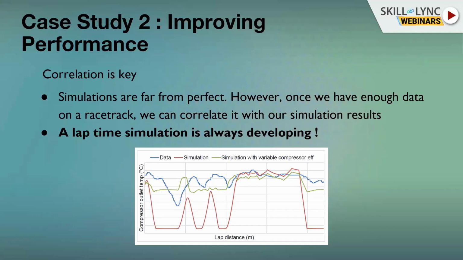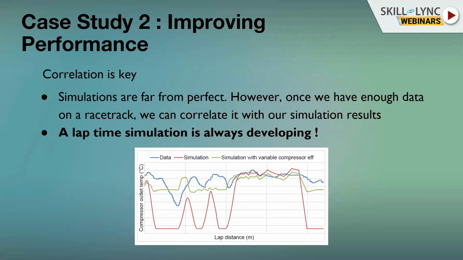So that's why it's important to consider that simulations are never and will never be perfect. But once you have enough data from an engine test bench, or if you have test data, correlation is always key to improve your models, and then trust more your lap time simulation.